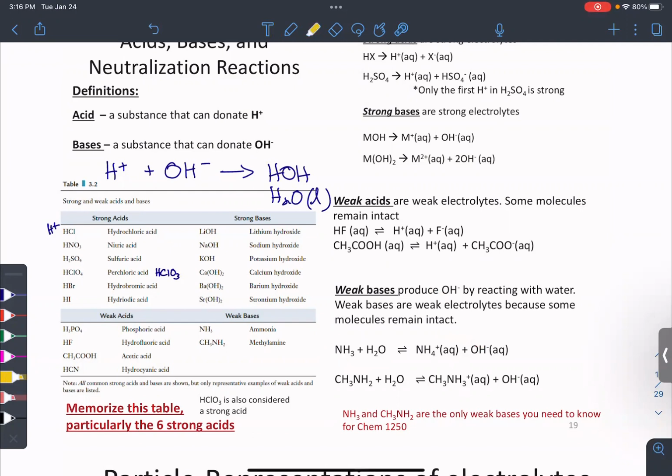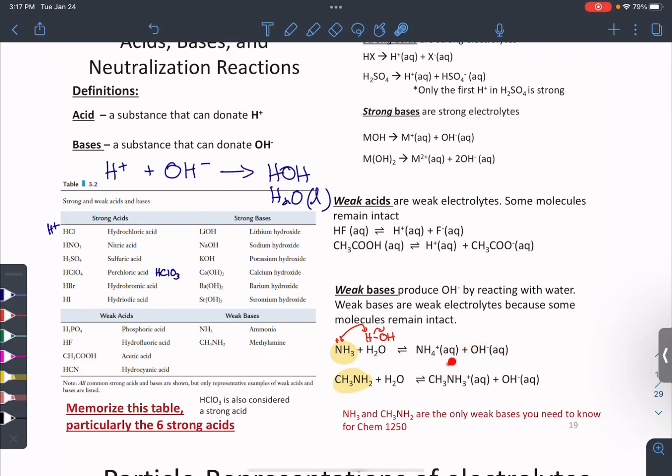The two examples of weak bases that are basically the only ones we care about in this class are ammonia and methylamine. So we have NH3. What happens in this reaction, because it's kind of hard to see, you think about water being HOH again, essentially that nitrogen is grabbing one of those hydrogens, forming a new bond, NH4 ammonium, and a hydroxide on the end here.